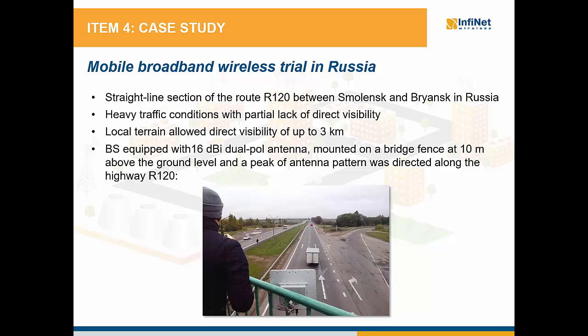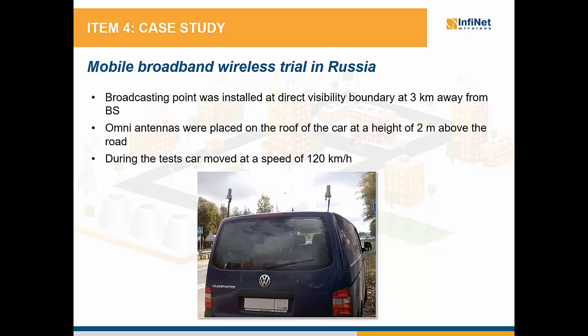The name of the highway is R120, between the cities of Smolensk and Bryansk in Russia.